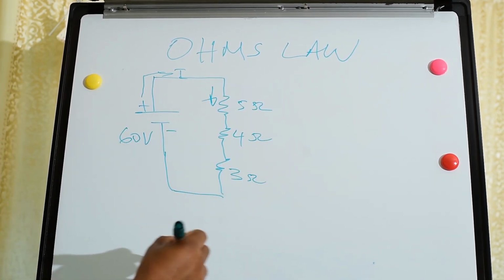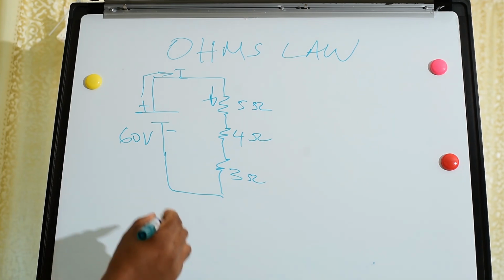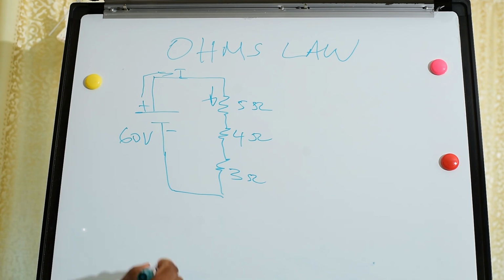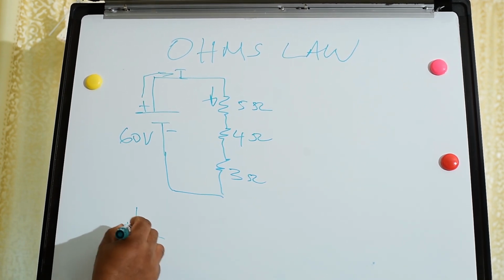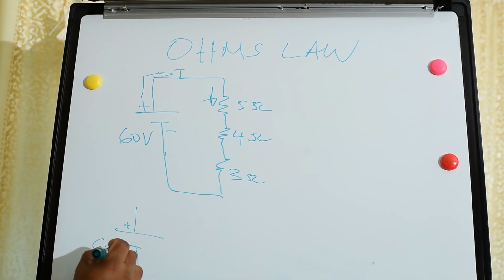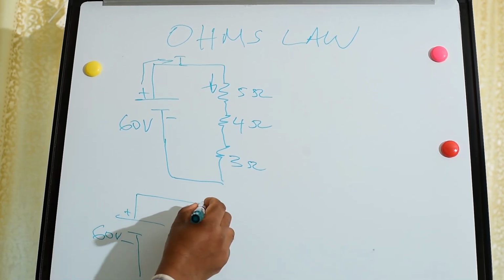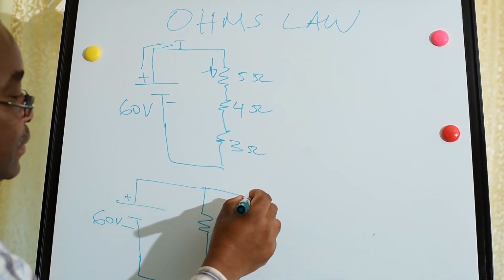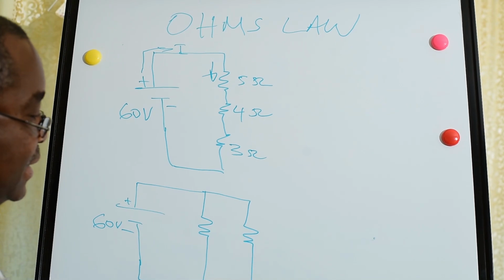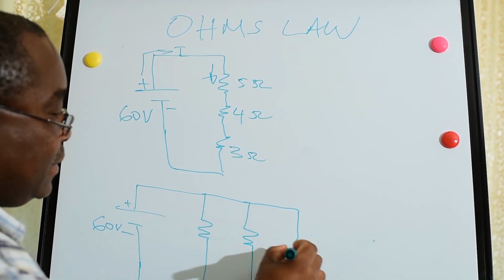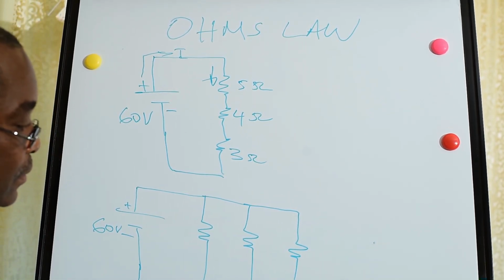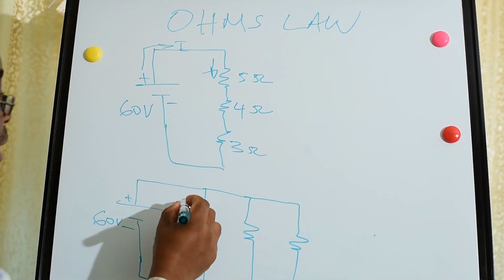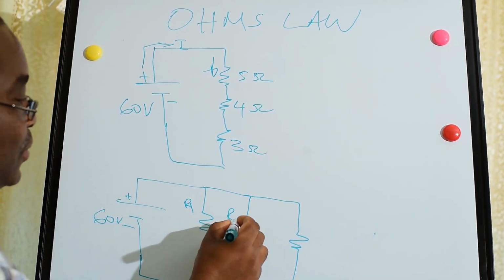Then let's see the relation of Ohm's law in a parallel circuit. As usual, we have our source here, a battery with 60 volts, and we have this parallel circuit with 3 resistors in parallel: R1, R2, R3.